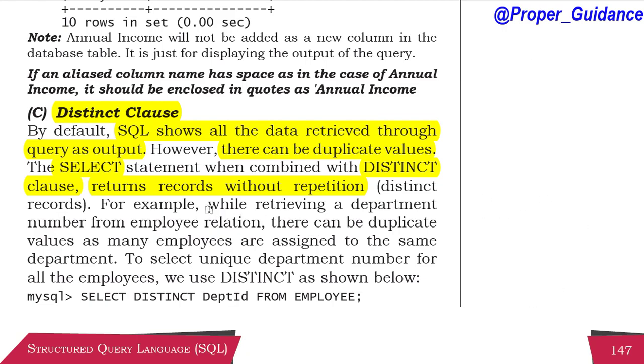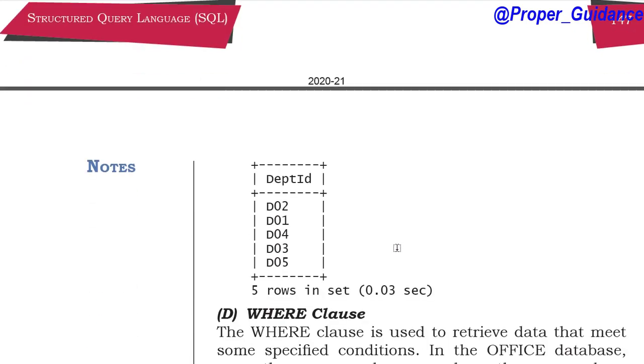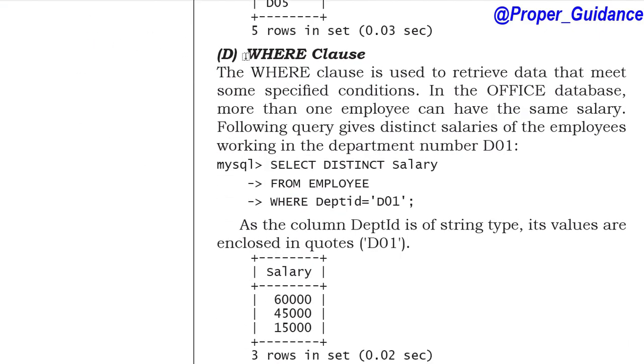For example, while retrieving a department number from the employee relation, there can be duplicate values as many employees are assigned to the same department. To select unique department numbers for all the employees, we use distinct as shown below. MySQL select distinct department ID from employee. Okay, so this is the distinct clause.